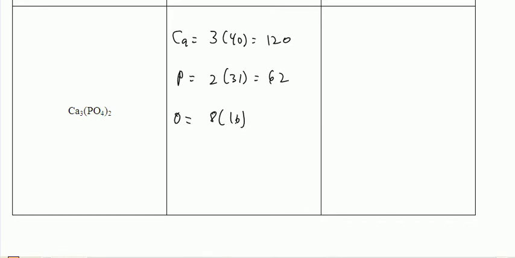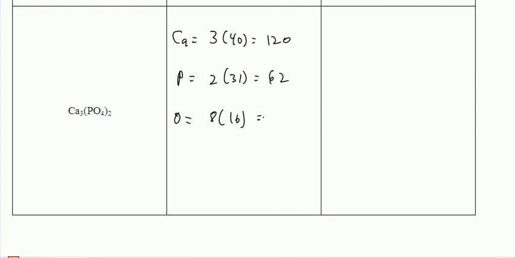For calcium phosphate, we have 3 calciums, and that's going to be multiplied by 40, giving us 120 for the calciums. We have 2 for the phosphorus, and that's going to be 31, giving us 62. And for the oxygens, we have 8 multiplied by 16.